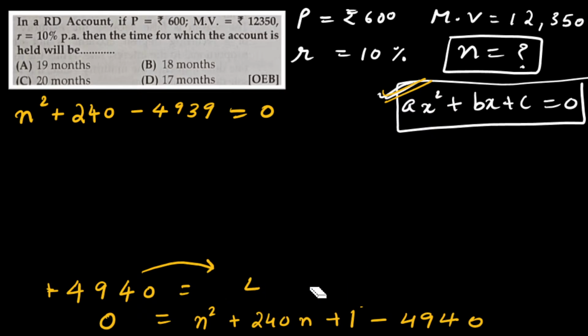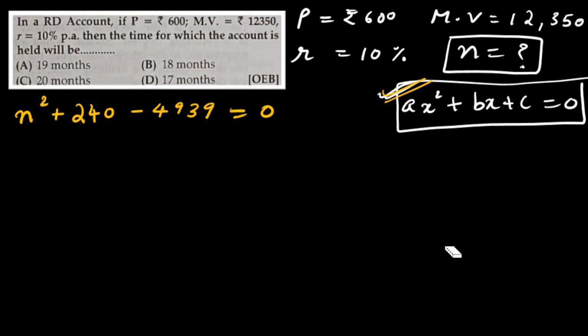So you are sharing the answers. N is equal to 19. Very good. Let us solve this quadratic equation. This is the quadratic equation with variable n: n square plus 240n minus 4939. Okay, so by splitting the middle term we have to do it. Can you tell me the factors, those who have calculated this?